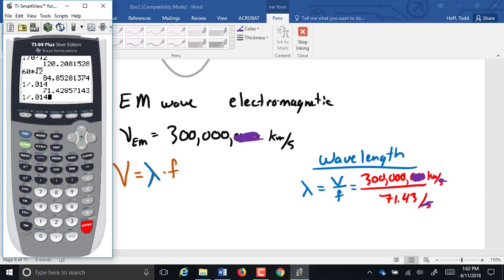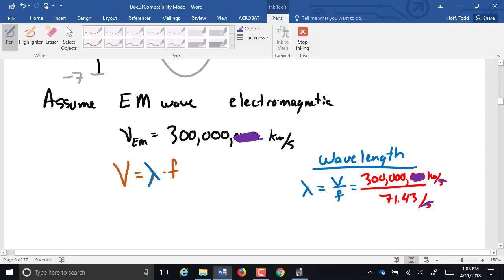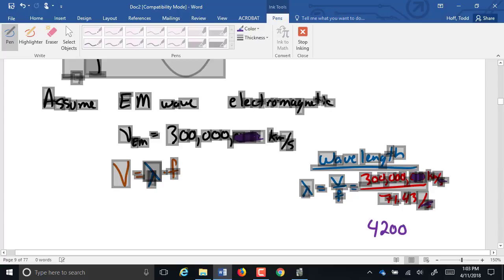Divided by that frequency of 71.43. Let me try that again. We have 4,200 kilometers is our wavelength.